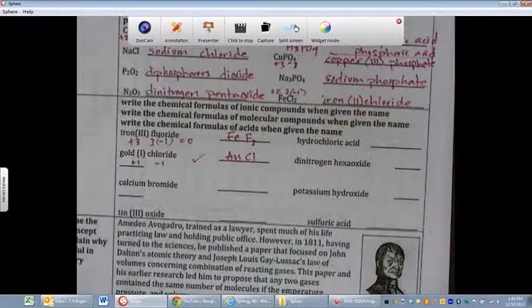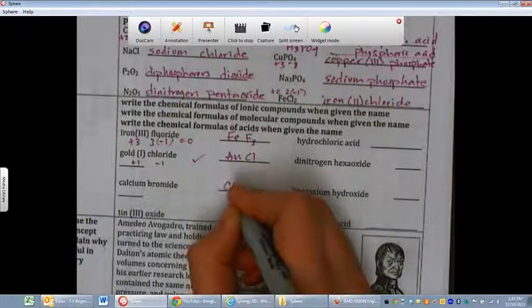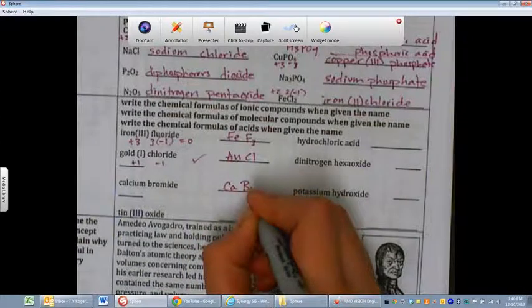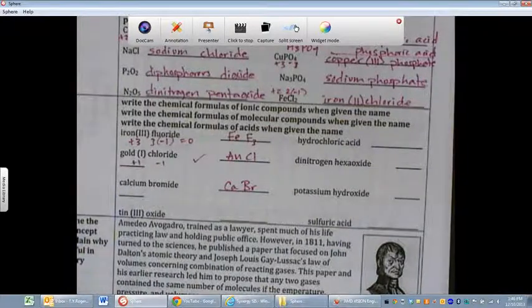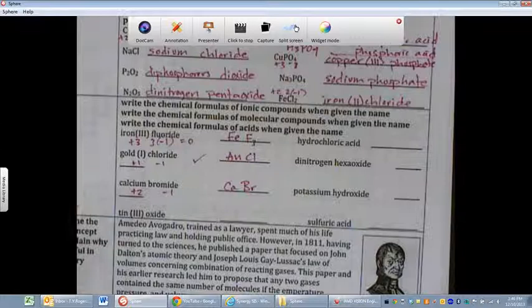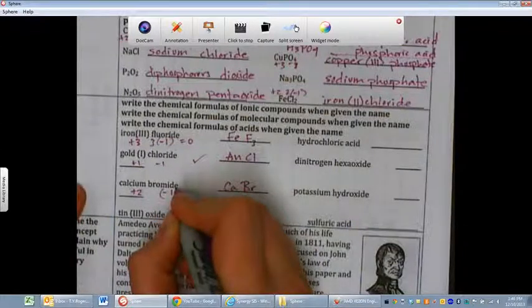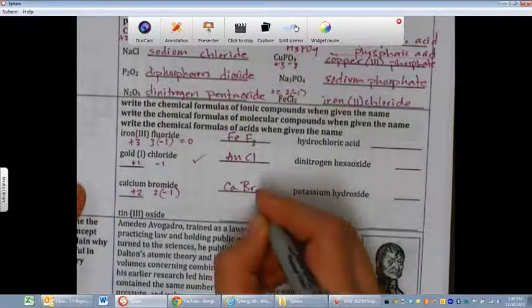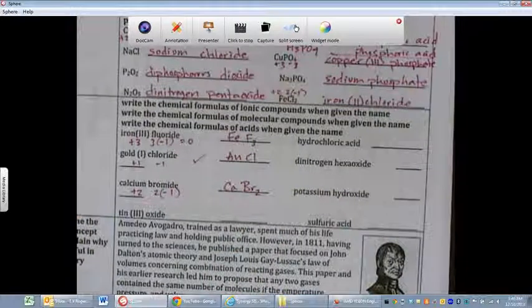Next I have calcium bromide. Calcium Ca, bromine Br. I look at the charges on the periodic table. Calcium's +2, bromine's -1. That is not balanced. I would need 2 bromines to balance that out, so I need CaBr2. Next I have tin oxide.